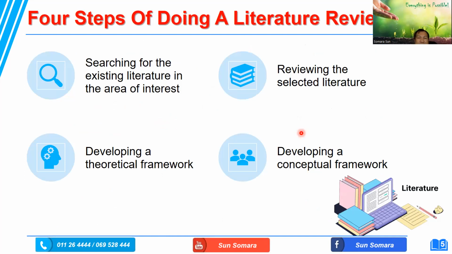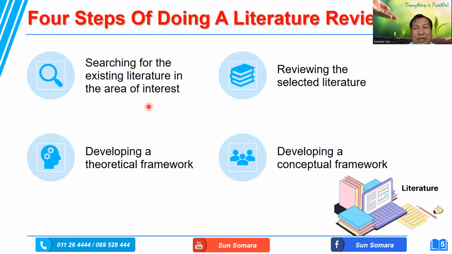So remember this one. There are 4 steps of literature review. The first one, you can search for the existing literature in the area of interest, to go through what has been done so far.